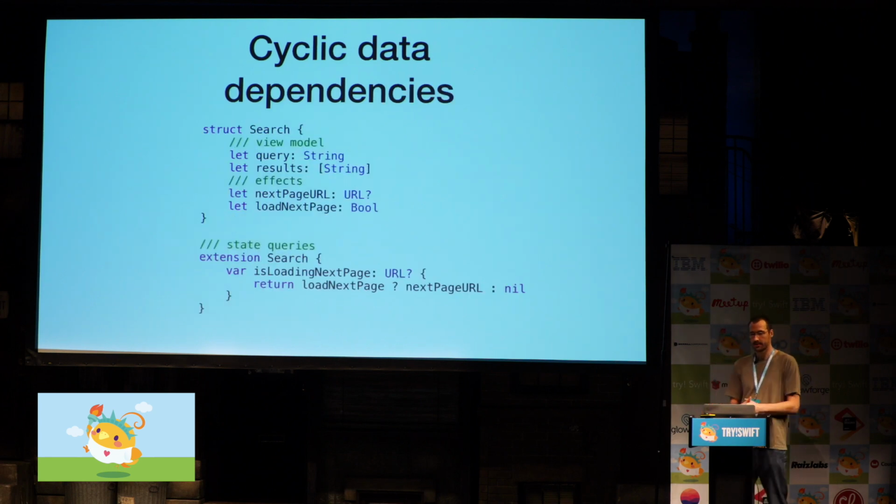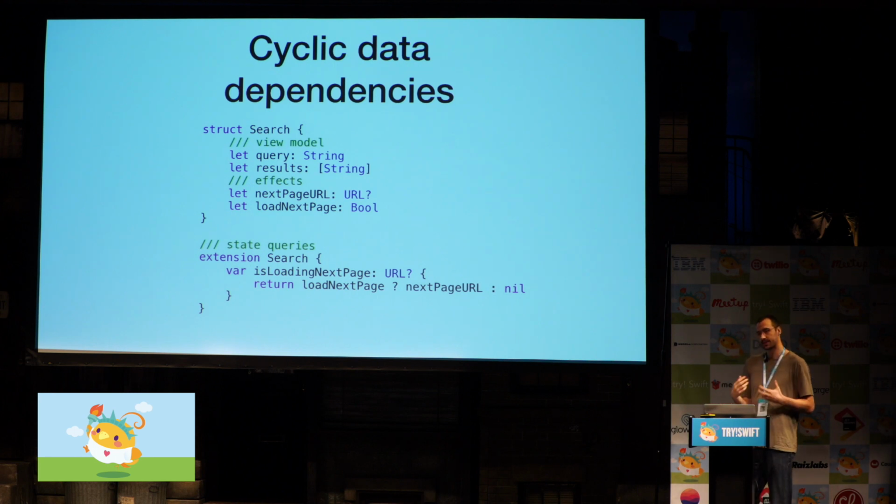Let's say you have a standard problem that has cyclic data dependencies. For example, you're working on an app that uses a paginated API, so you're performing a search, and you know that when you scroll to the bottom, you'll need to load the next page, and then you scroll again and load the next page.